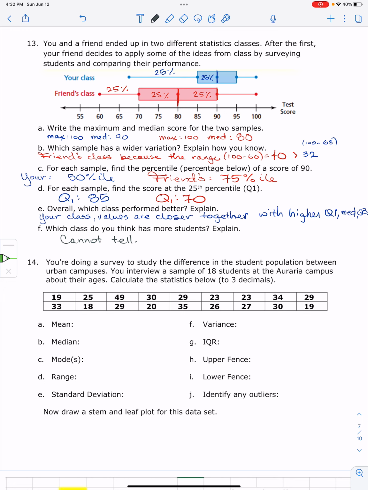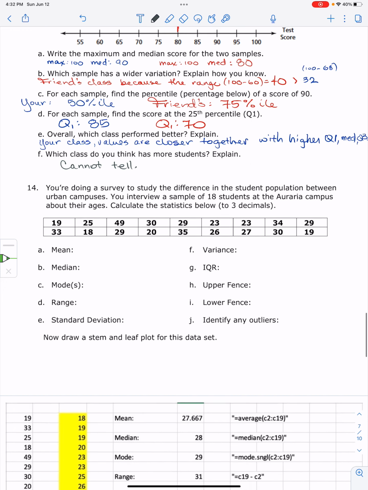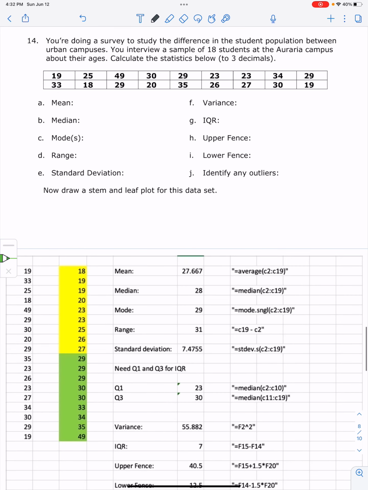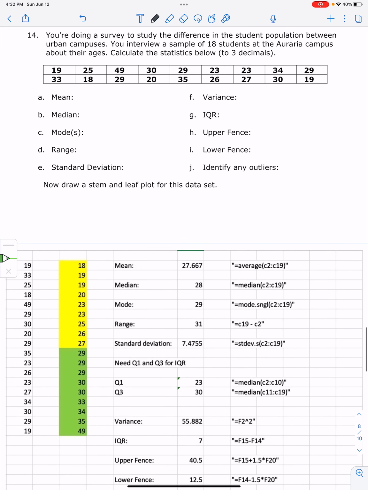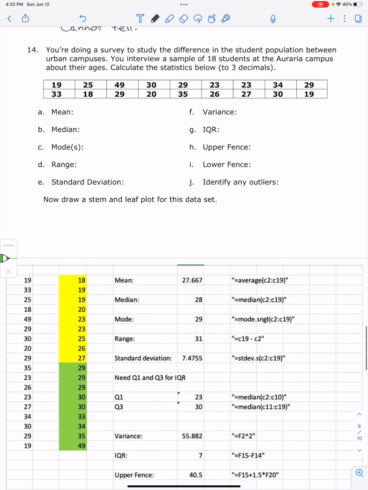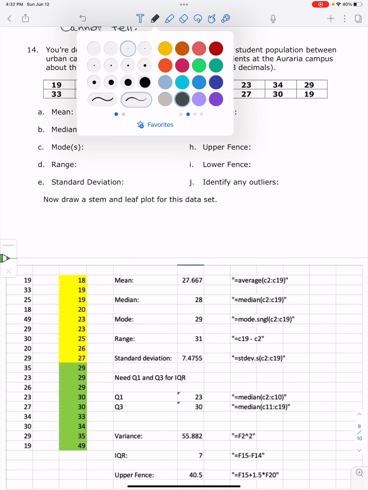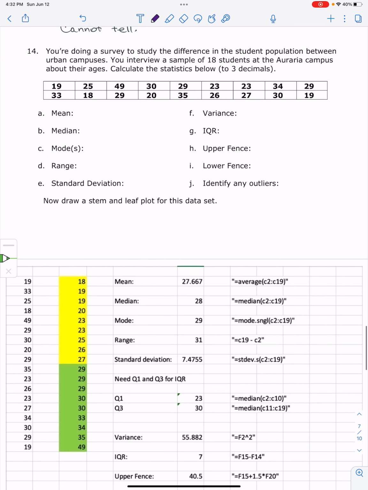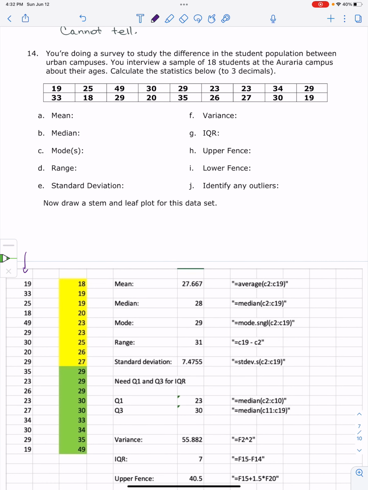Okay, so 14. You can see below here, I cranked this all out in Excel. I have got the original data set over here on the far left.